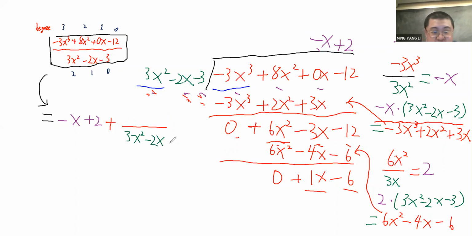Sorry. Here is minus 3. And here is our remainder, which is 1x minus 6. Came from here. So that's the end of the process. The long division just tells us, finally, yes.